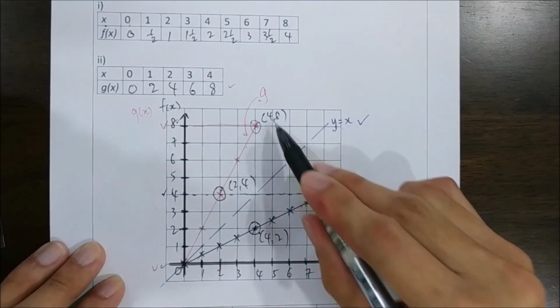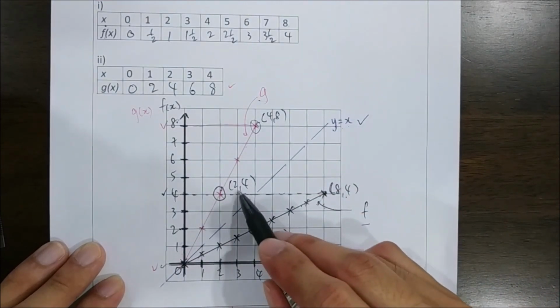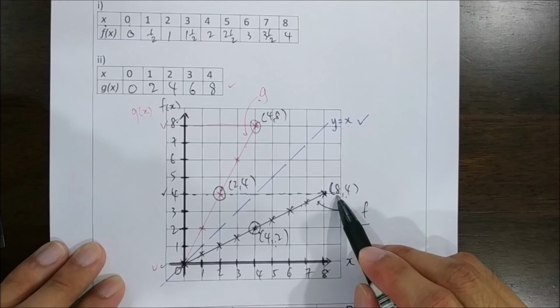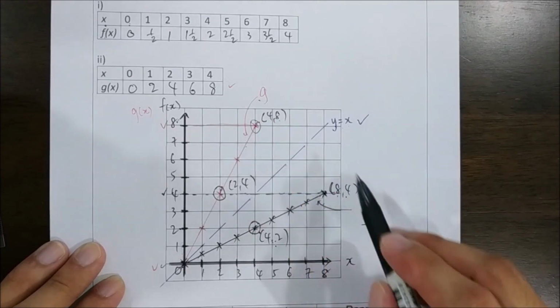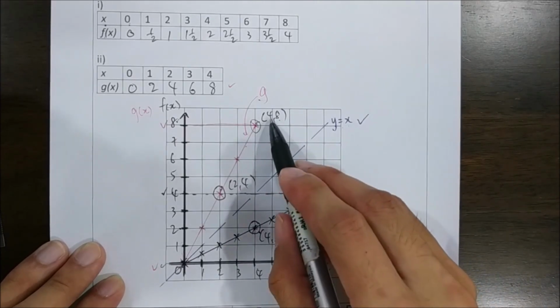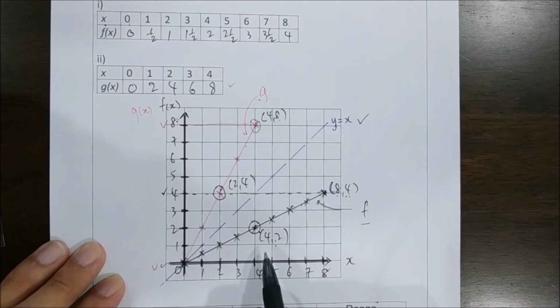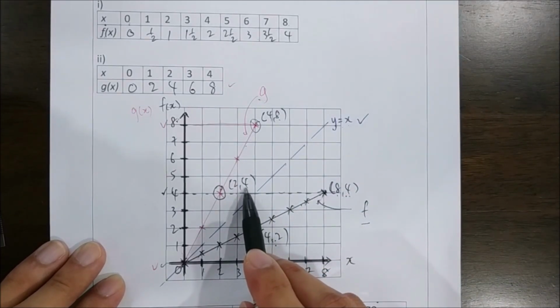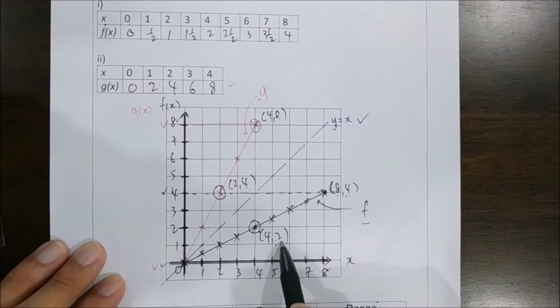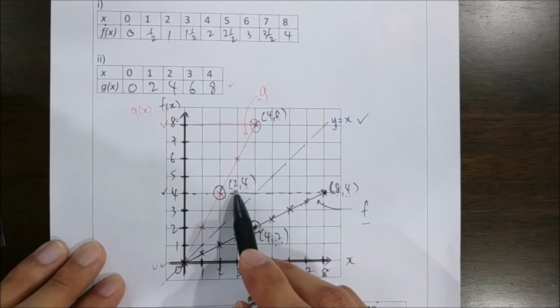So from these values, what conclusion can you make? You look at the x value and the y value: the x value of f is the y value of g, and the y value of f is the x value of g.